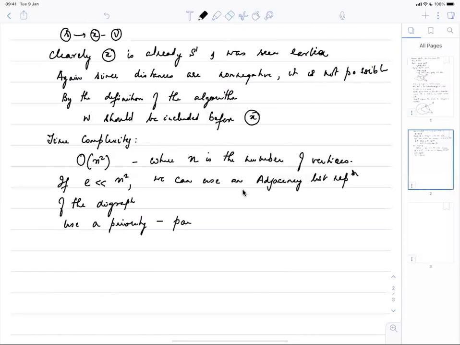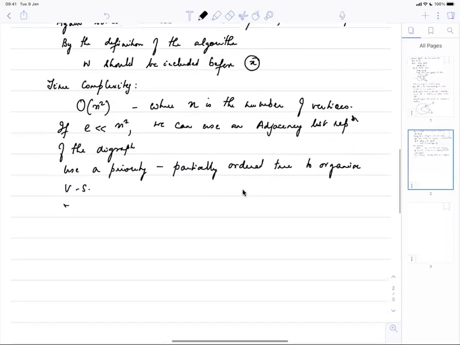a partially ordered tree to organize V minus S, and the time complexity can reduce to order of E log n.